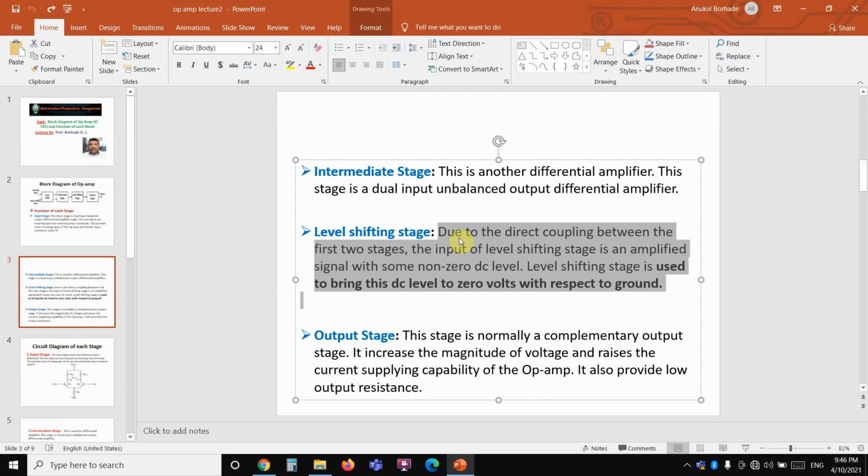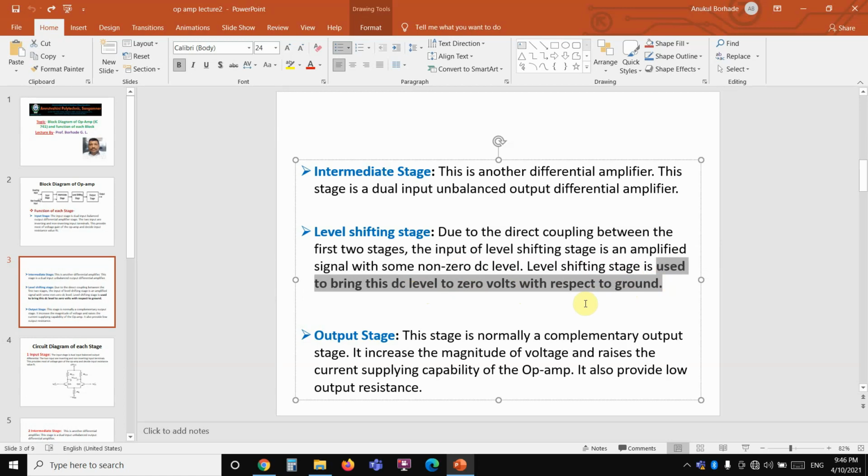But we want only the AC signal. Therefore, the level shifting stage reduces the DC level to 0, bringing it to 0 volt with respect to the ground. This is the function of the level shifting stage.